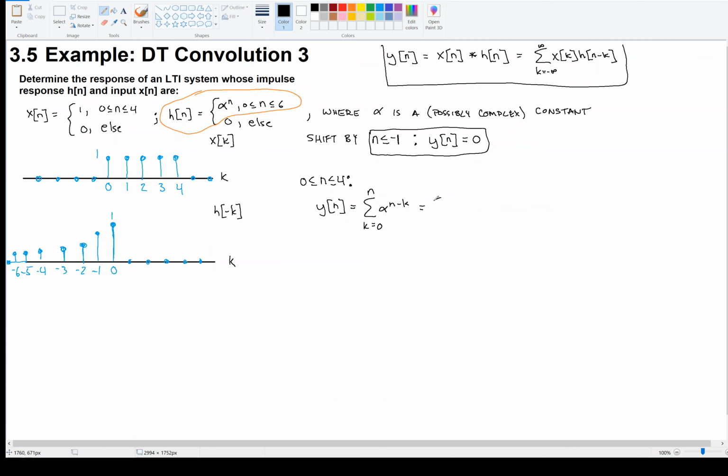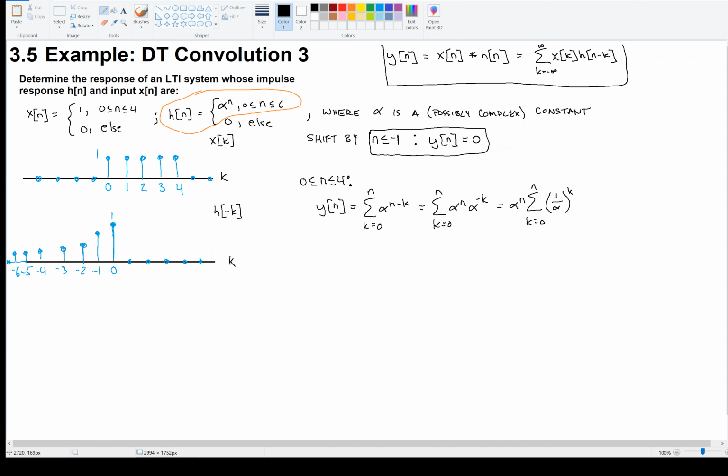So I can use a property of exponents: alpha to the n, alpha to the minus k. And because alpha to the n does not depend on k, the index, I can bring it out. And then alpha to the minus k is the same thing as 1 over alpha to the k.